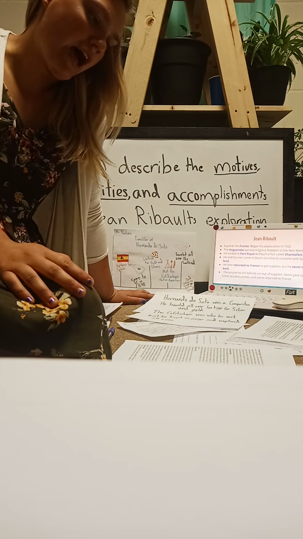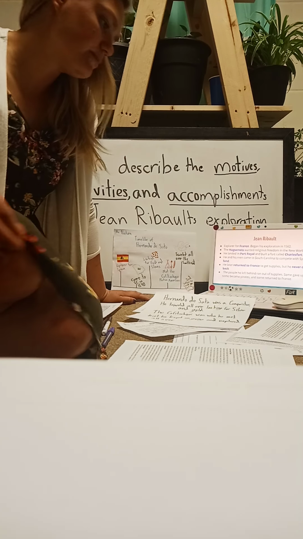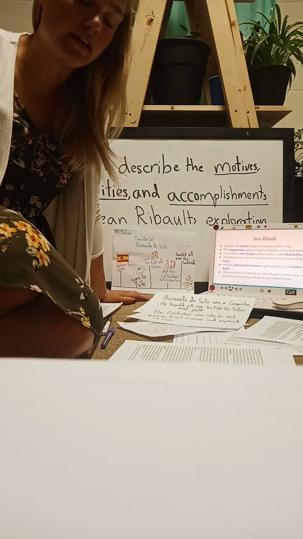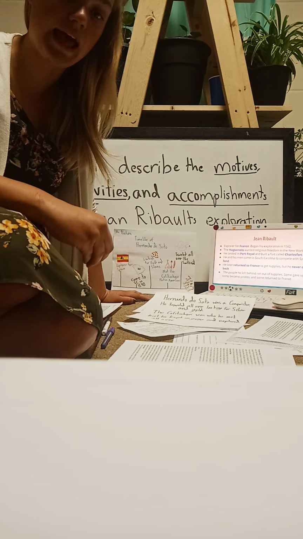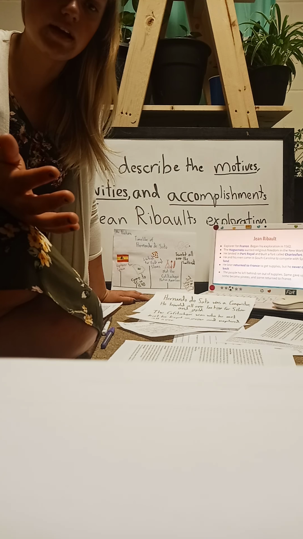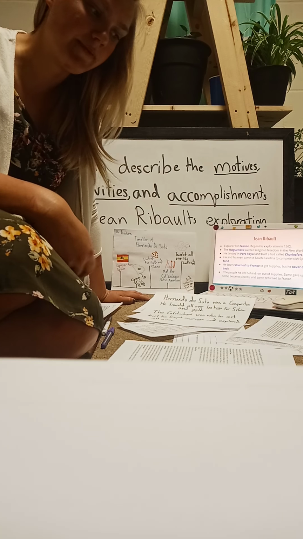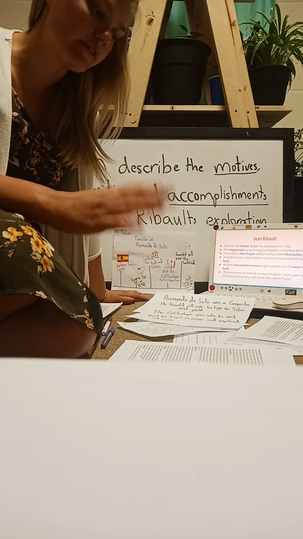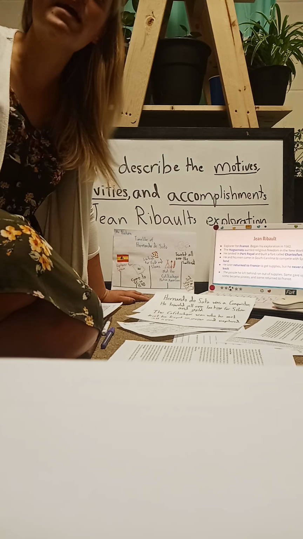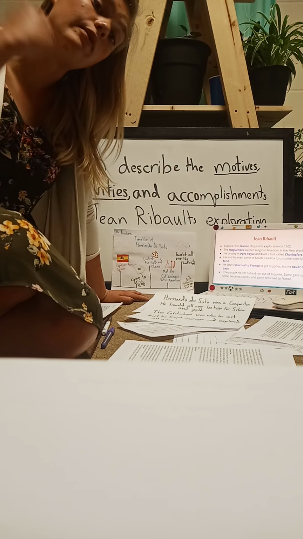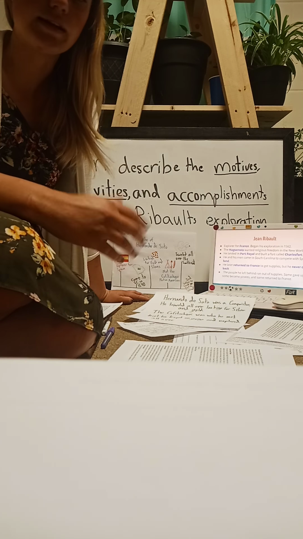But then again, I think I touched base on it during the lesson when I was talking about Jean Ribault having to decide to stay or to leave to go back to France, and why he didn't come back to France, and which men would go and which men would stay. And I talked about different problem solving also when the remaining men built the boat and were sailing back to France, and they had no food and had to eat their shoes.